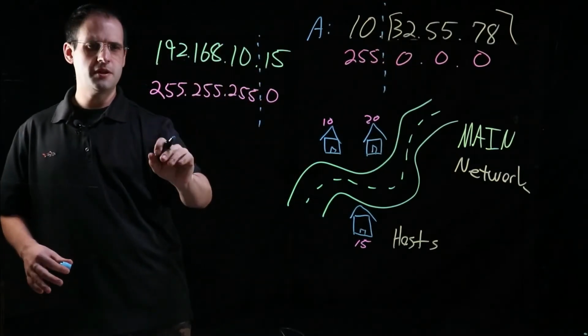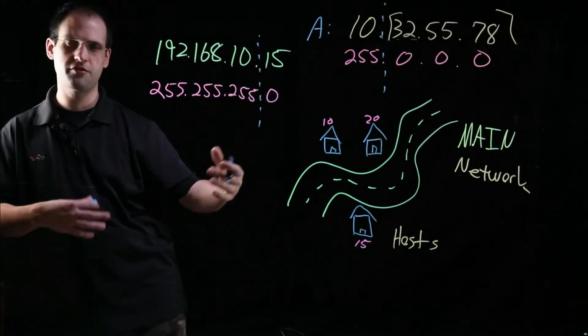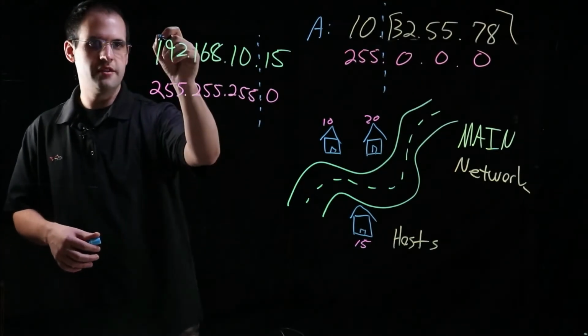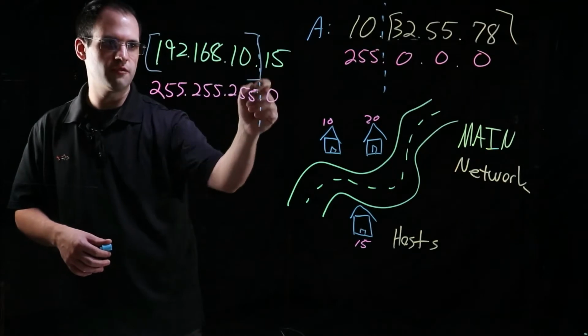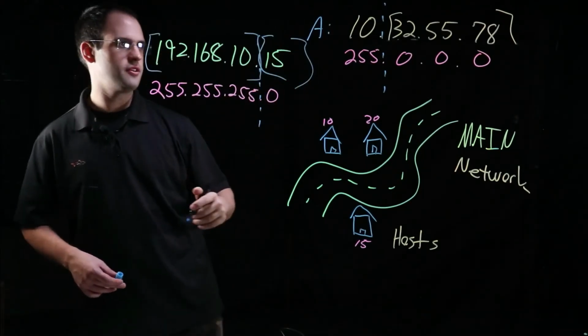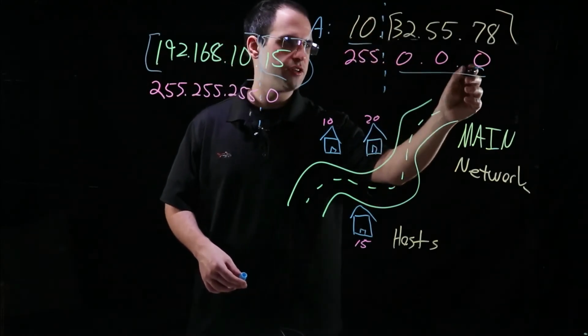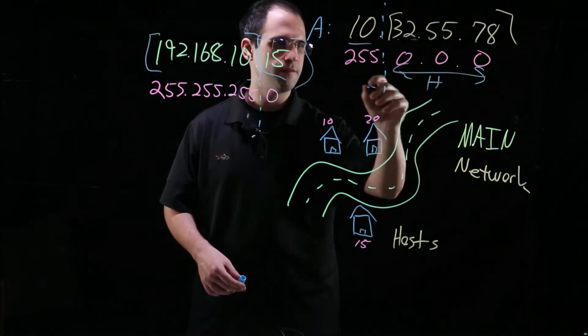Where our subnet mask moves from 255 to 0 in our classful system, we can see that this represents the network portion of our address, and these guys over here are going to be the host. Same thing over here. This 10 is the network portion, and these are all my different host combinations over here.